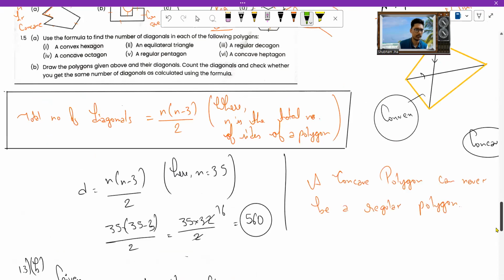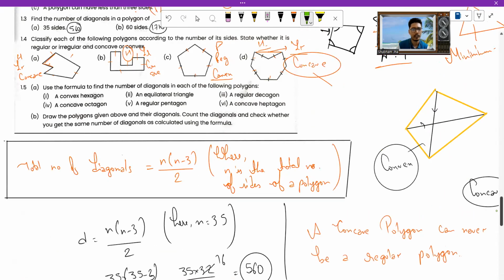The next question is equilateral triangle. An equilateral triangle is a regular polygon by nature because all the sides are equal. So how can we find the total number of diagonals? Here n is equal to 3. The formula is n into n minus 3 upon 2.